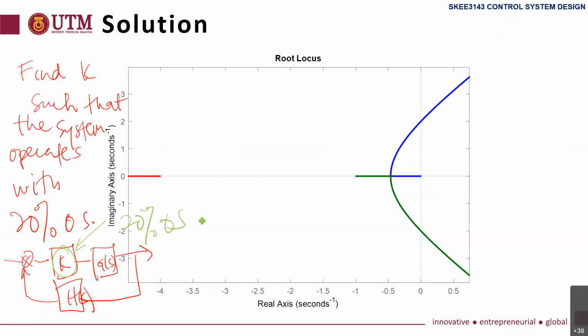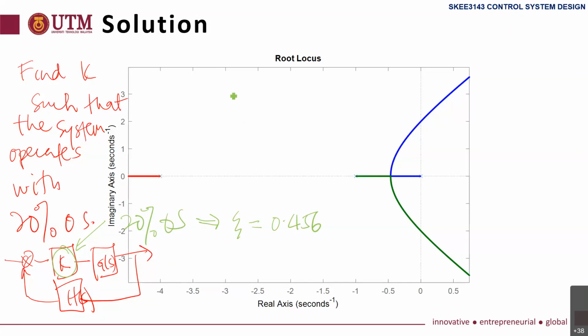If we know 20% overshoot, we can calculate zeta, because we know overshoot is related to zeta. Zeta is 0.456. Please check your previous notes on how to get overshoot to zeta.